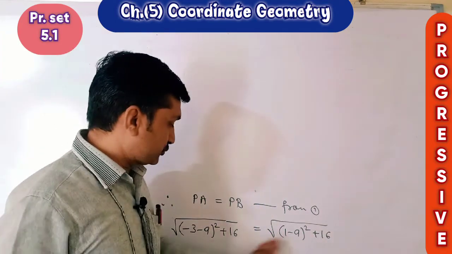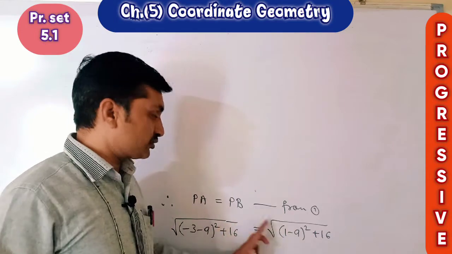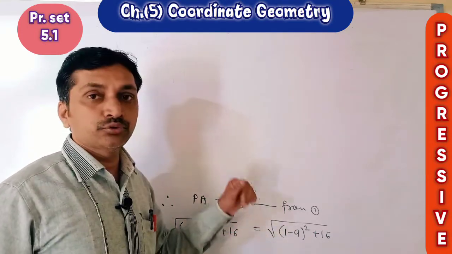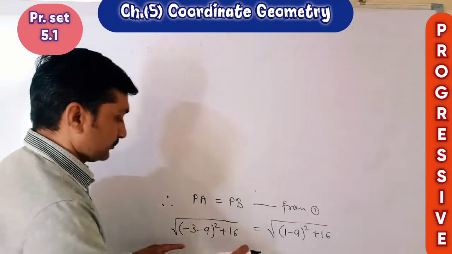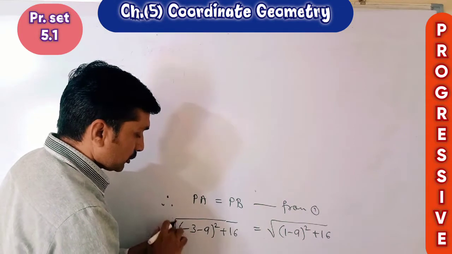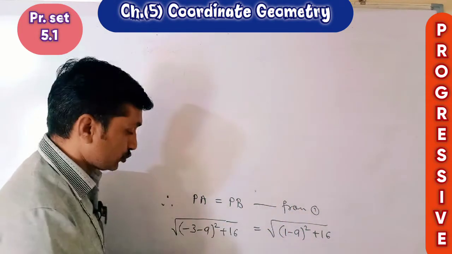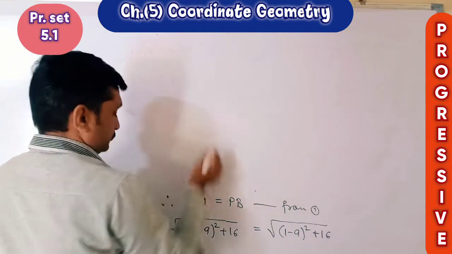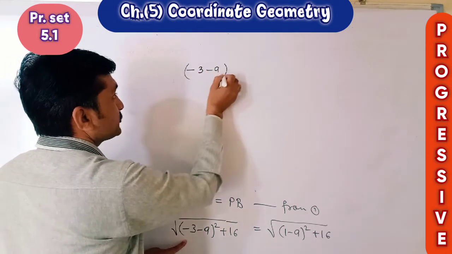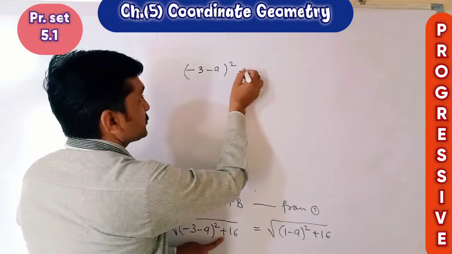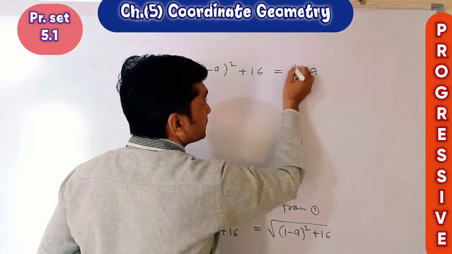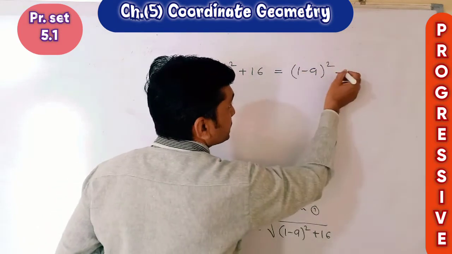Now on both sides there is a square root sign. If we want to remove the square root sign from both sides, we have to square both sides. Therefore if we take the square, the square root sign will automatically be removed. Now, without the square root sign, (-3 - a) squared plus 16 is equal to, on the right side also, (1 - a) squared plus 16.